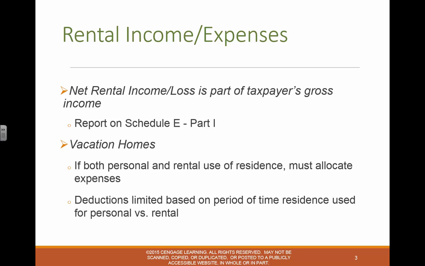You've got cleaning service, property management fees, insurance, interest, taxes, repairs, utilities. It's a P&L for a rental. And the bottom line, line 26, is your rental real estate income or loss.